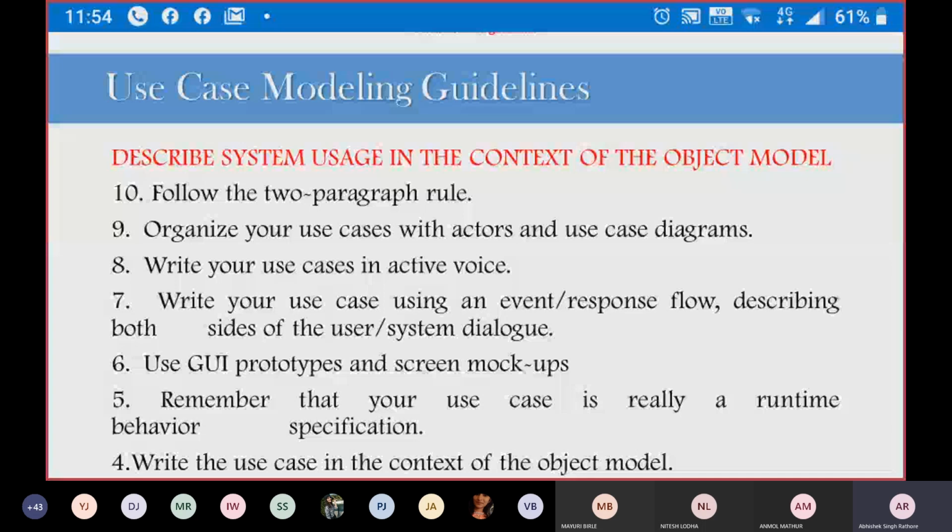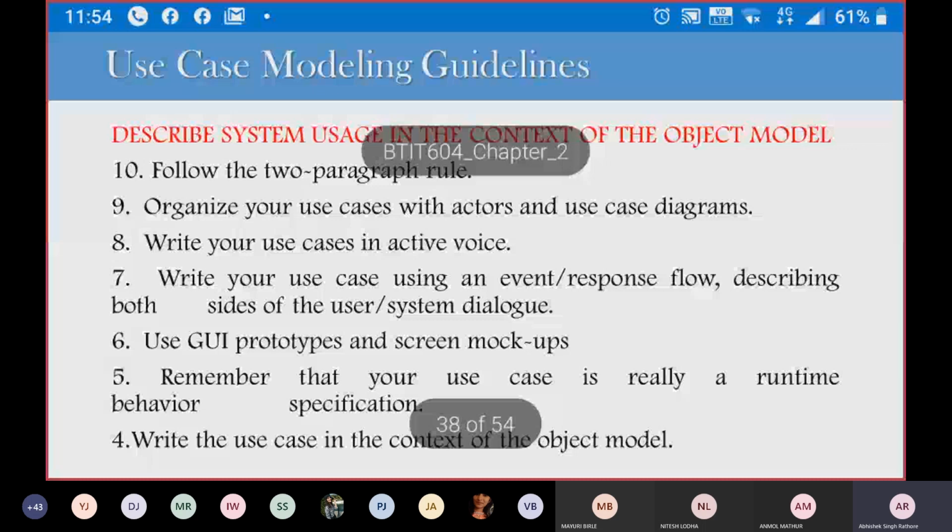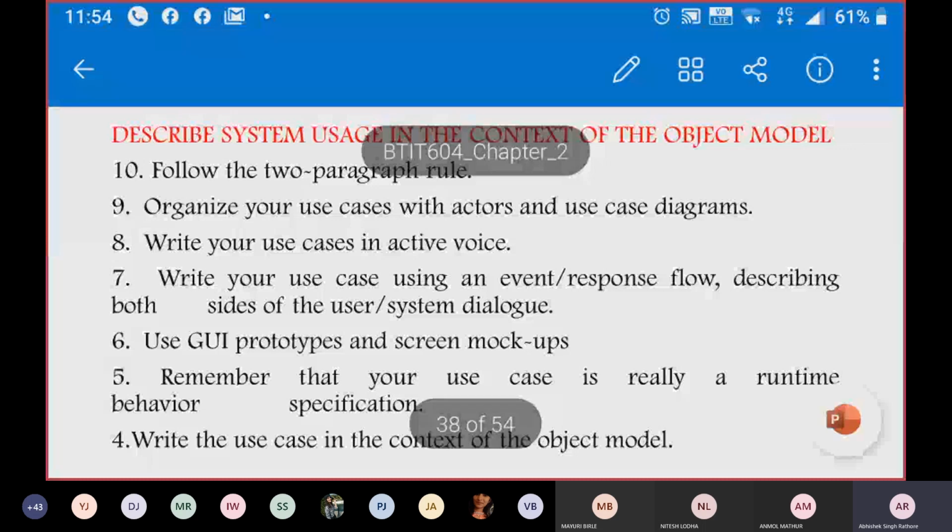Then organize your use cases with actors and the use case diagram. When we are developing these use cases, you will try to associate each actor with at least one use case, so that we have some significant actors available with our system. Then the next one is write your use cases in active voice.